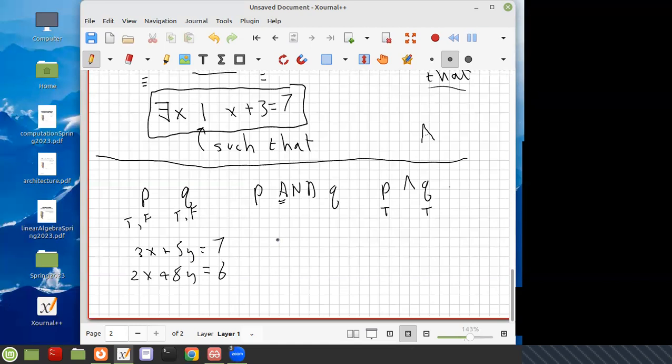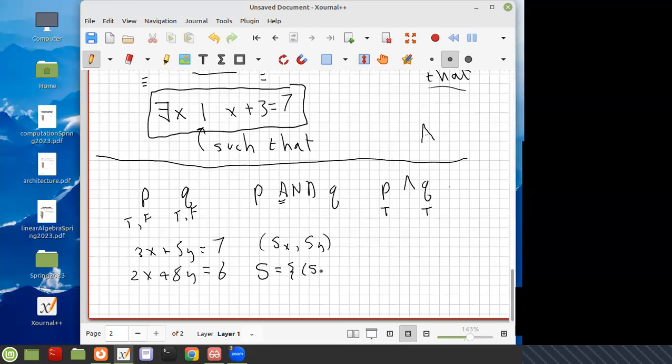Let's say I have two numbers, a value for x and a value for y, and I say this is a solution of the system, which means that if I choose S sub x for x and S sub y for y, then both of these equations are true. So the set of all solutions is going to be all these pairs.